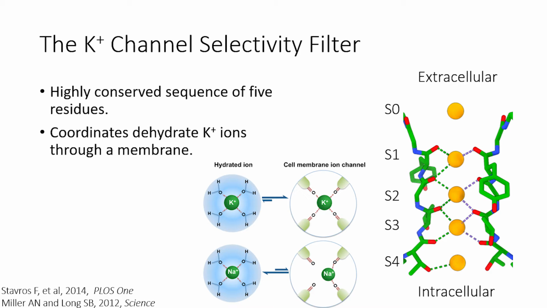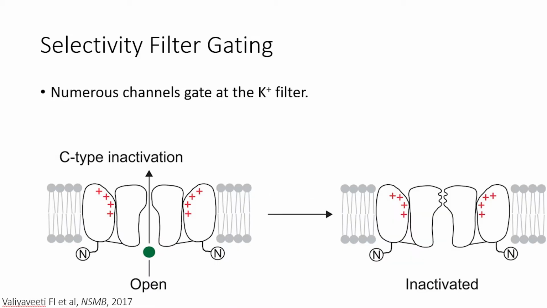But if you take an atom that is smaller than potassium, such as sodium, it actually can't move through the pore very well. This pore is too small for a fully hydrated sodium to move through, but it's also too big for the dehydrated sodium to move through, so it's able to exclude atoms that are not the exact size as a dehydrated potassium. And this structure is not a static structure.